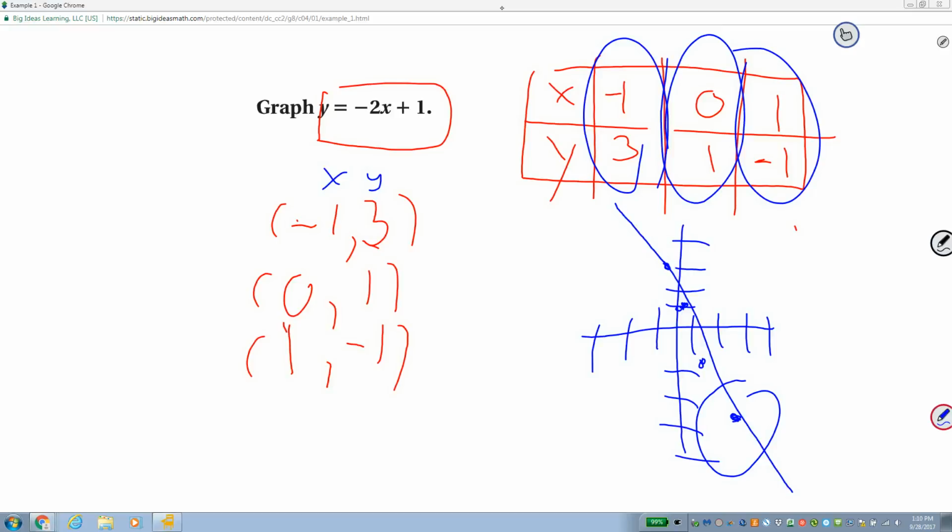Oh, wait, I thought that was an up one. It's 2, -3? Yep, 2, -3. So if I were to put this into our x, so -2 times 2, what does that equal? -4 plus 1. Yes, -3. So even if I continue on, that point should line up with the linear graph itself too.